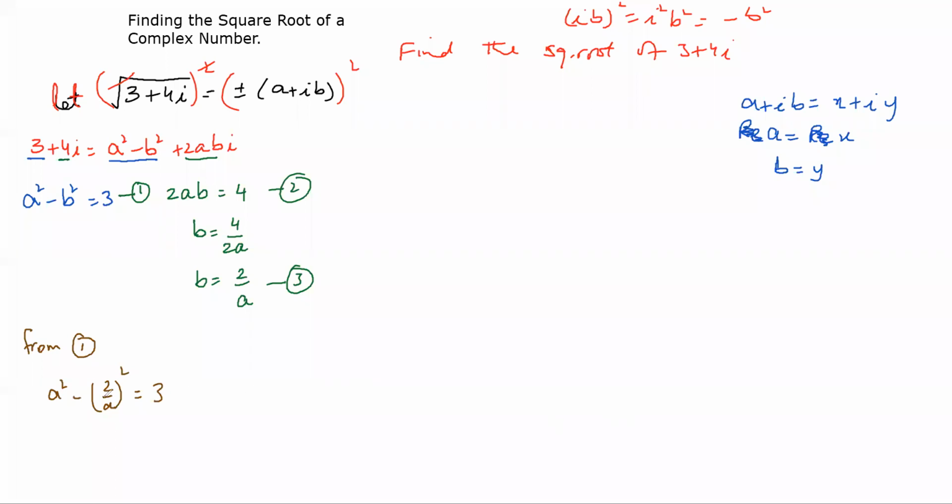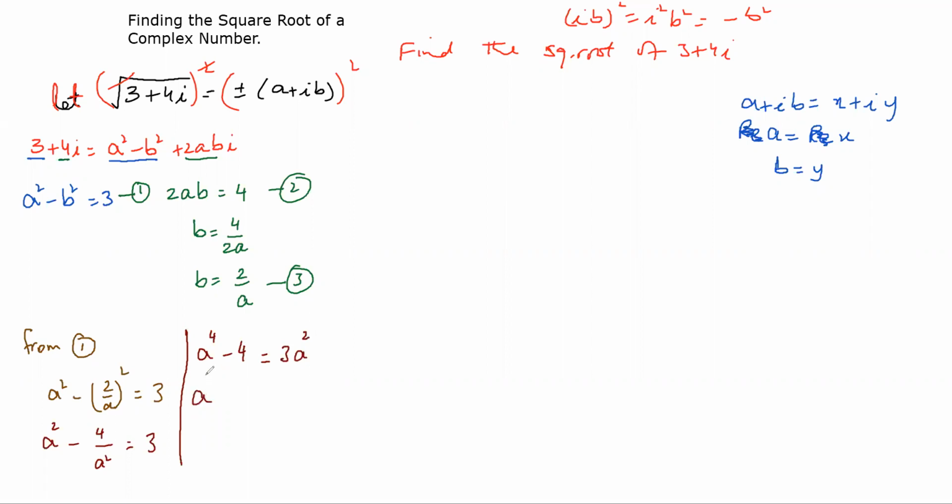When you open these squares, you have a square minus 4 over a square equal to 3. Let's multiply all of these terms with a square, that is the LCM right now. This will give us a raised to power 4 minus 4 equal to 3a square.